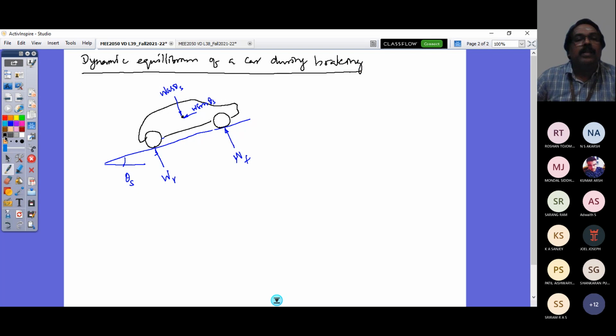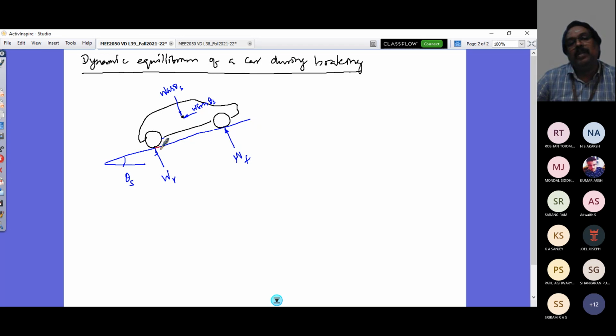When it is braking, what is happening? There is a brake force acting on these wheels, and they would be acting in the opposite direction. If these wheels are rolling in a clockwise sense, then the brake force would be opposing that.